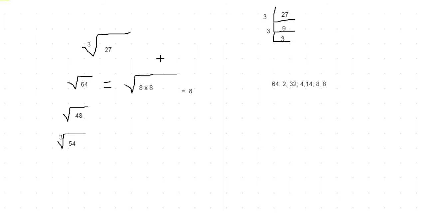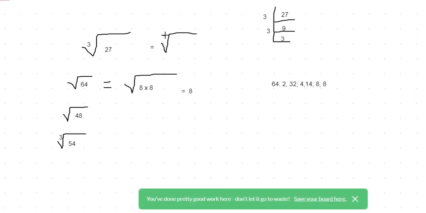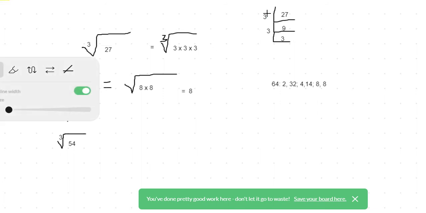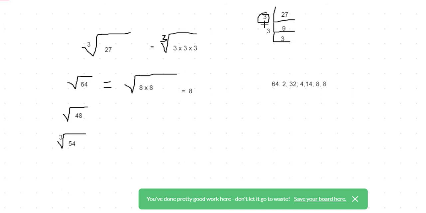Then you would ask yourself, what number multiplied 3 times by itself makes 27? Well, I'll draw the 3 there. I'm going to go 3 times 3 times 3, because it's these numbers right here: the one I picked out, the one I picked out, and the one I'm left over with.